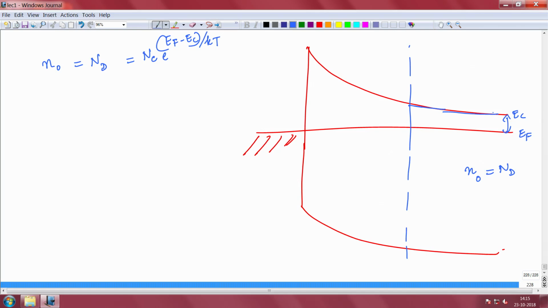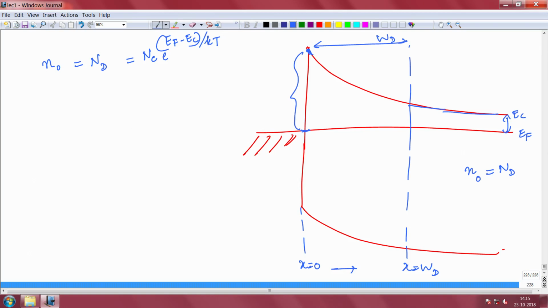Now if I consider this as x equal to 0 and this as the x axis, so this is x equal to WD, this is the depletion region. I am talking about equilibrium, so there is no light shining and no voltage applied. At x equal to 0, you see the conduction band is here and the Fermi level is here. So the difference between the conduction band and Fermi level is huge.